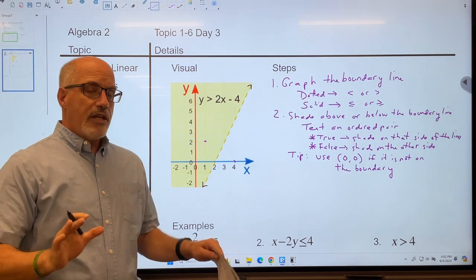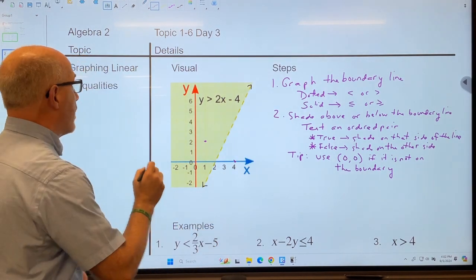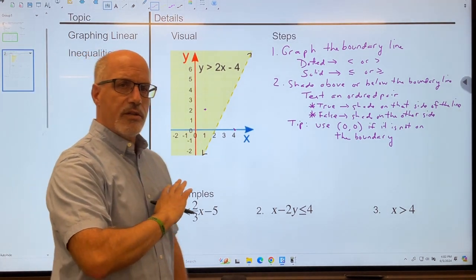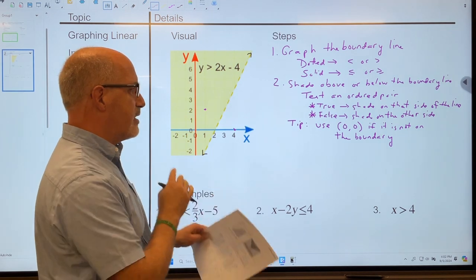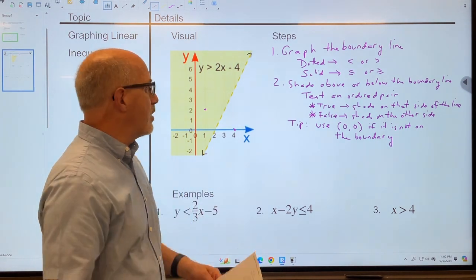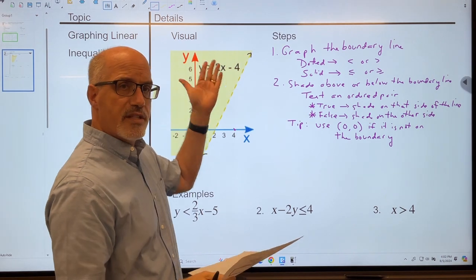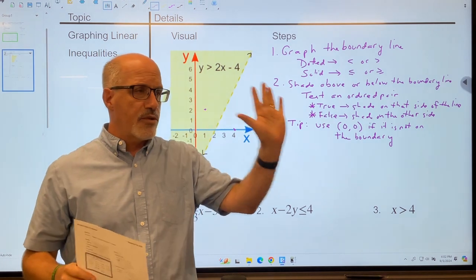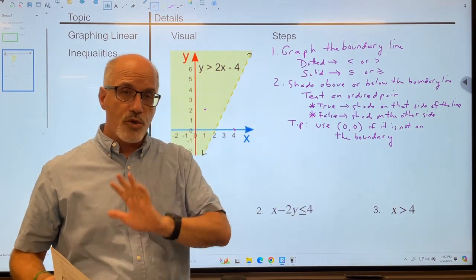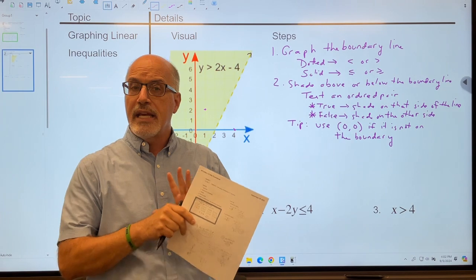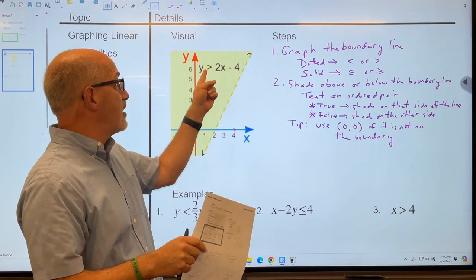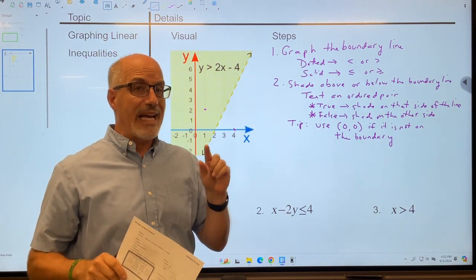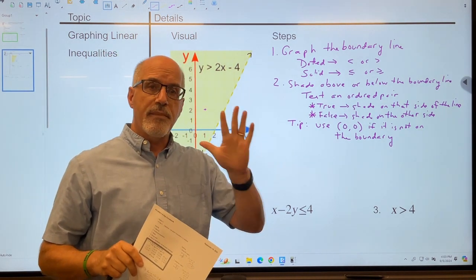Now I need to remind you of one rule we have for inequalities. This rule was true back when you did regular number line inequalities, and it's true for these as well. It tells us when we flip the inequality. When working with inequalities, you can always add to or subtract from both sides, and it won't change the direction of the inequality. But if you multiply or divide by a negative, it will flip the inequality.